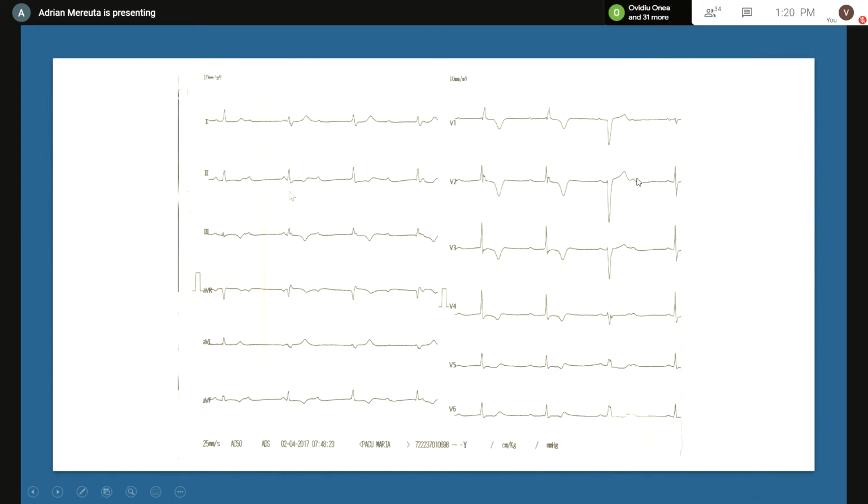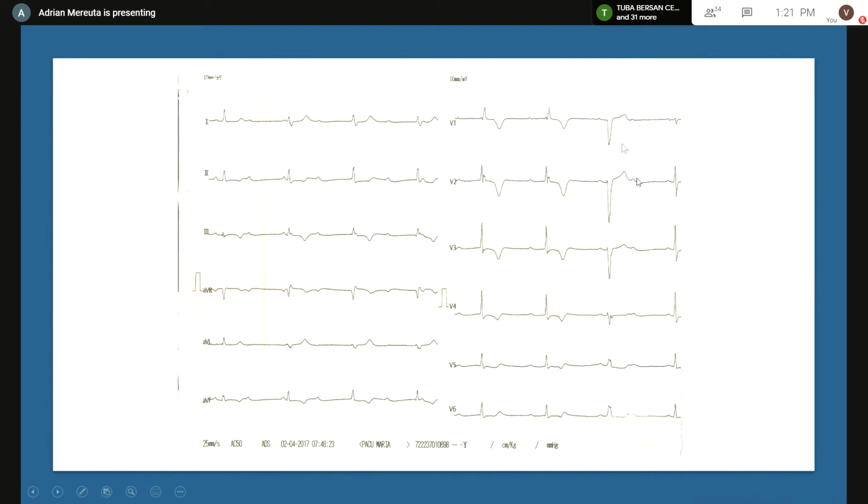But sometimes, and actually in this case it's something peculiar, if it's not a very severe destruction of the conduction system, if it's only a functional, I don't know, block, sometimes a P wave will be conducted to the ventricle.